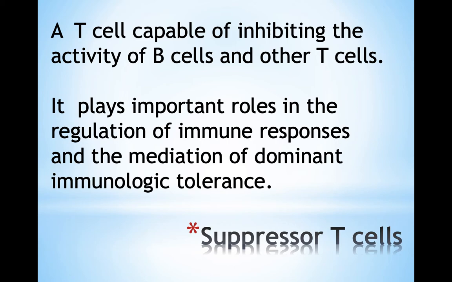In addition to our regulatory T cells, we also have our suppressing or T suppressor cells. So a suppressor T cell is a T cell that's capable of inhibiting the activity of B cells and other T cells. So it's similar to your regulator, but this time the expected output is direct inhibition.